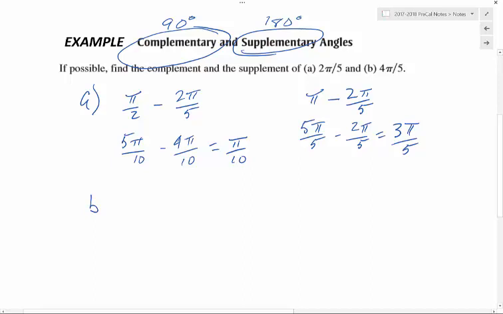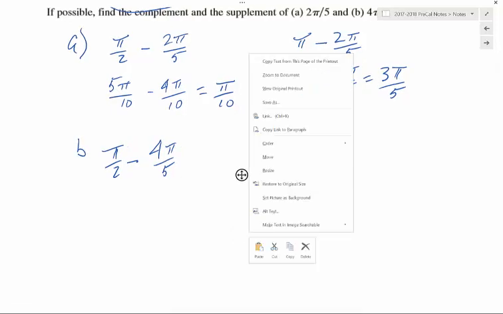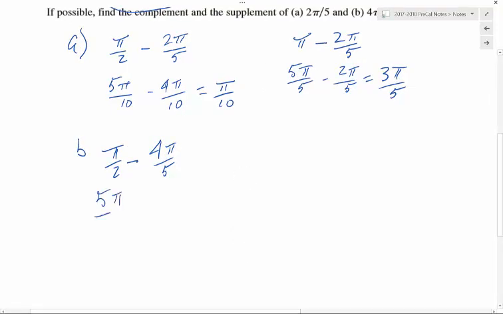For b, I will take pi over 2 and subtract 4 pi over 5. For that, I will get 5 pi over 10 minus 8 pi over 10, which gives me negative 3 pi over 10.